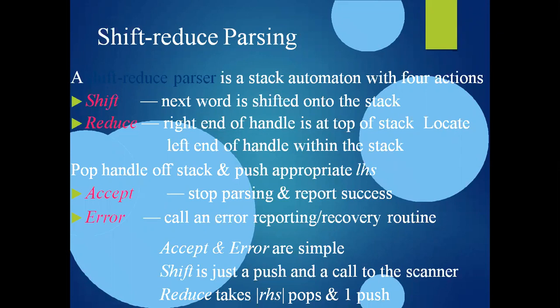And how many data structures does shift reduce parsing consist of? Only two data structures. One is an input buffer and the other one is a stack, right? With these two data structures we are implementing the parser by parsing an input string, and there itself we are performing some actions based on these four basic operations.